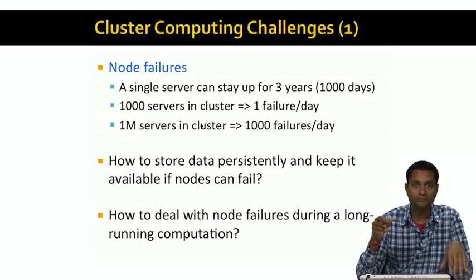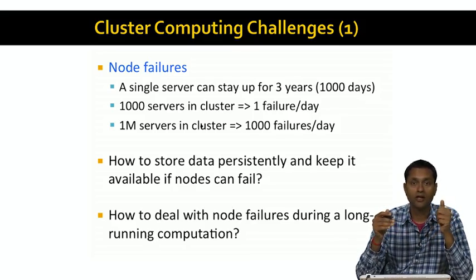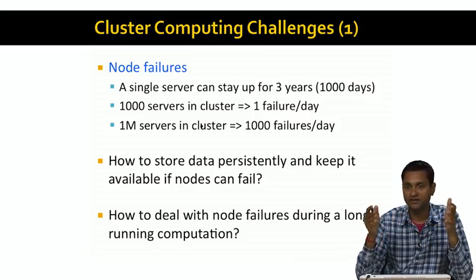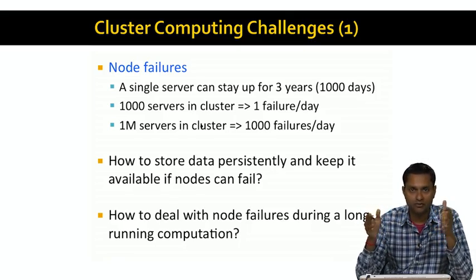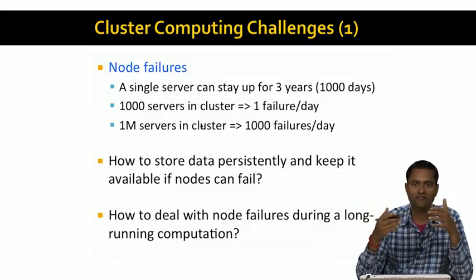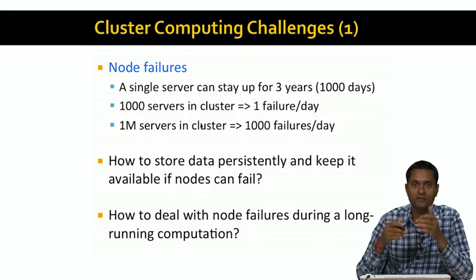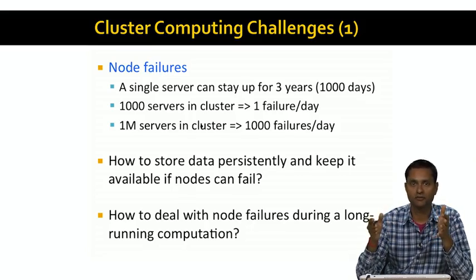Now, the second problem is one of availability. Let's say you're running one of these computations, and this computation is analyzing massive amounts of data, and it's chugging through the computation, and it's run halfway through, and at this critical point, a couple of nodes fail, right? And that node had data that's necessary for the computation.